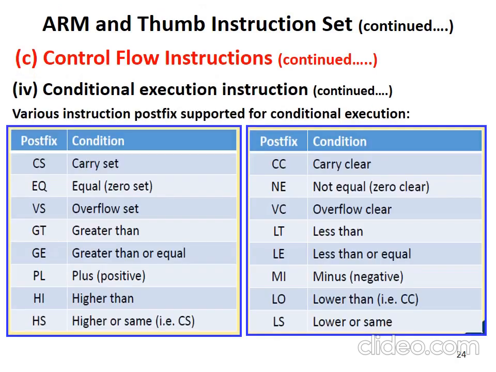Other control flow conditional execution codes are given. CS carry set, EQ equal, that is zero set, VS overflow set, GT greater than, GE greater than or equal, PL plus, that is positive, HI higher than, HS higher or same, that is CS, CC carry clear, NE not equal, that is zero clear, VC overflow clear, LT less than, LE less than or equal, MI minus, that is negative, LO lower than and LS lower or same.